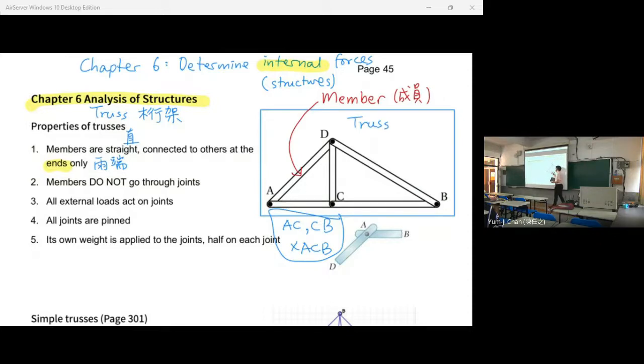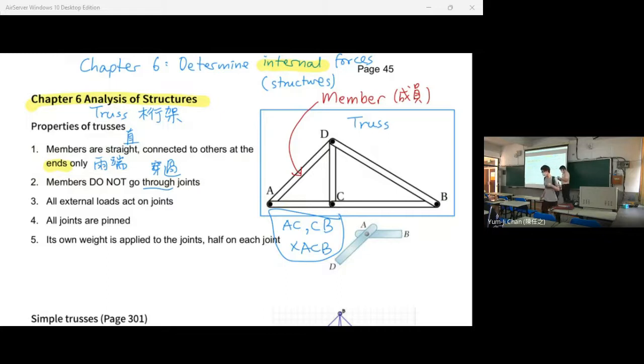The second thing is that we do not have ACP. We have only AC and CP, and this means members do not go through joints.